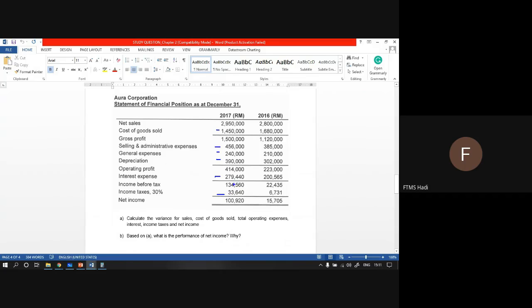But in the questions that I put in midterm and also final, usually I must put bracket. Bracket is to show that there is a minus, just to make you understand how to read this one. But this is from a university question.